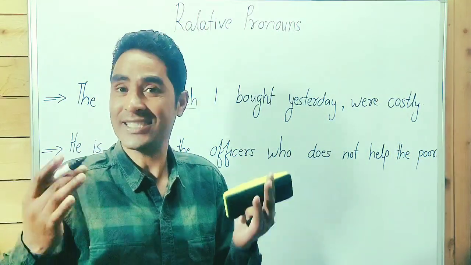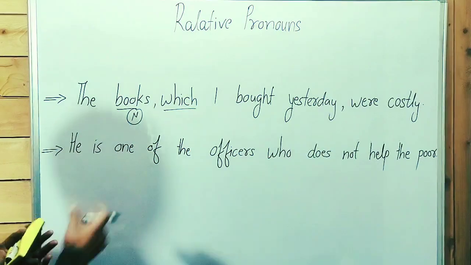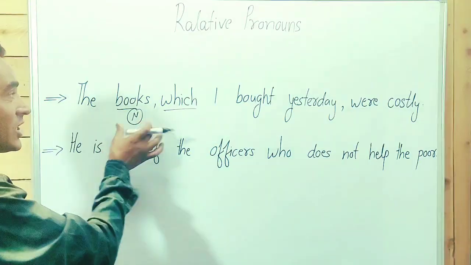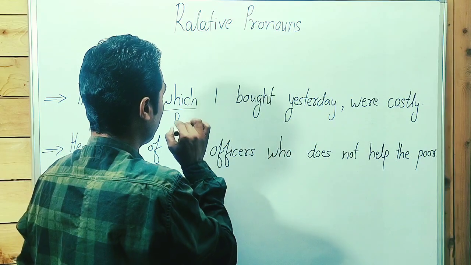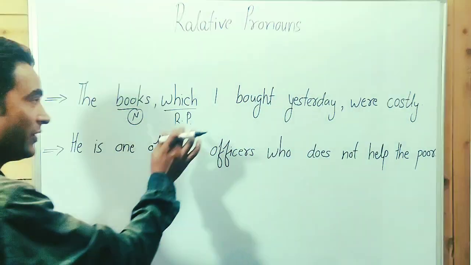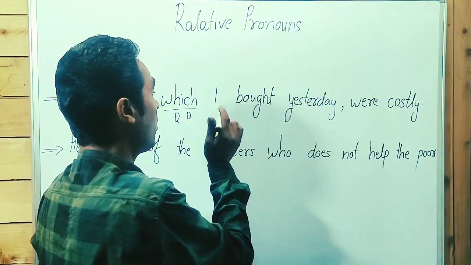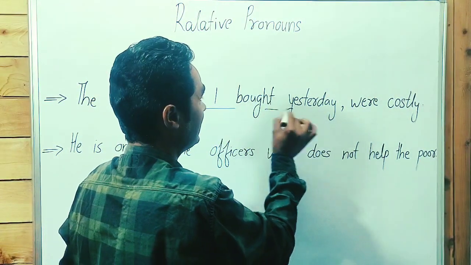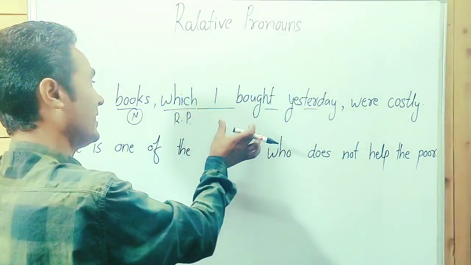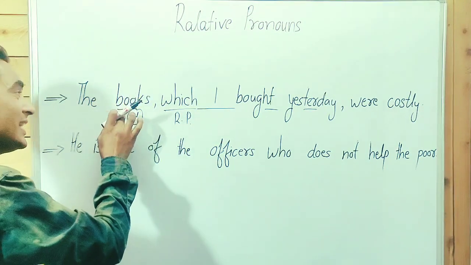I will explain each and everything in the adjective chapter, but today we are going to learn about relative pronouns. The books is a noun, which is a relative pronoun, RP. Which I bought yesterday, the entire clause, is a relative clause. This clause tells us something extra about this noun.